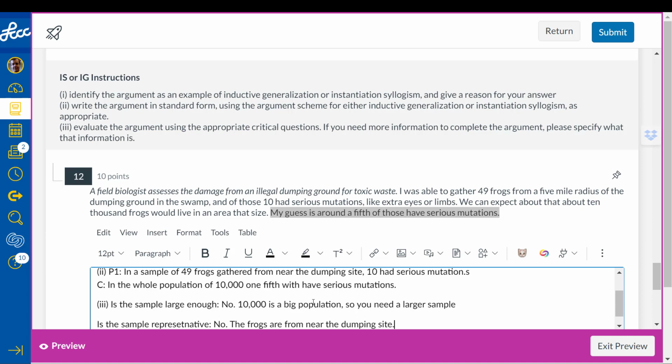So they're more likely to have mutations. It isn't random. Also, the frogs were just the ones the biologist could catch, and maybe mutant frogs are easier to catch.